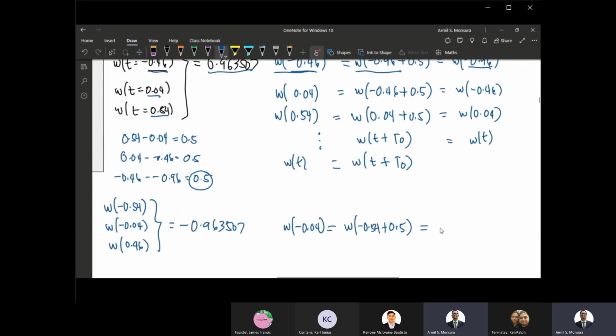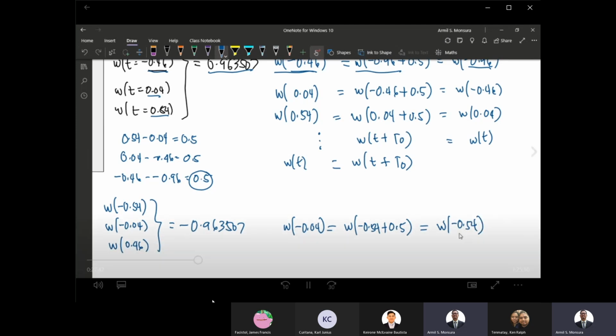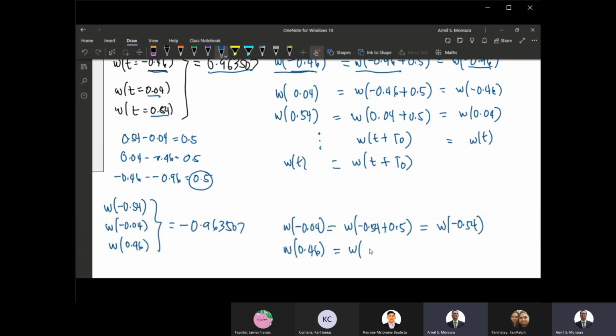But still, yung mga values na yan, equal pa rin sa value at T equals negative 0.04. So in the same manner, yung W of 0.46 natin is equal to W of negative 0.04 plus 0.5, which is still equal sa the value of the waveform at T equals 0.04.